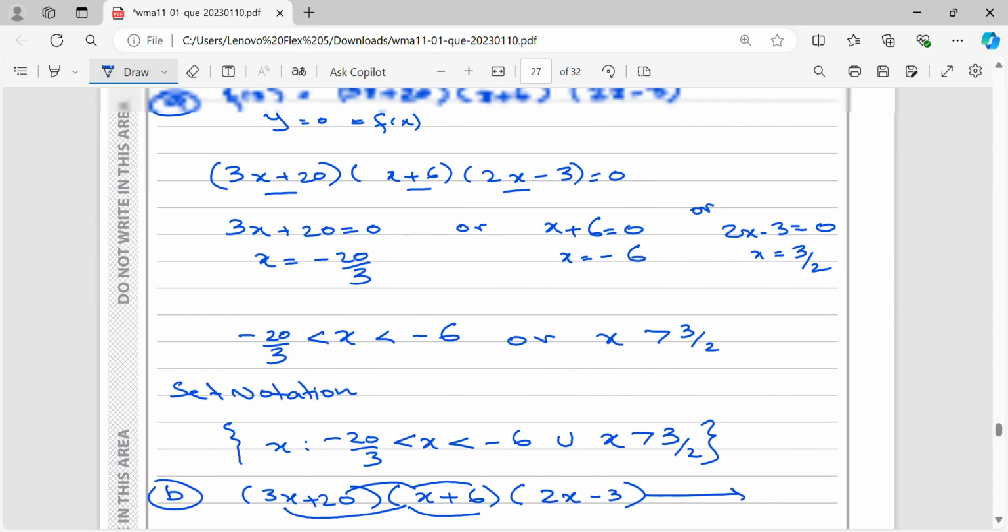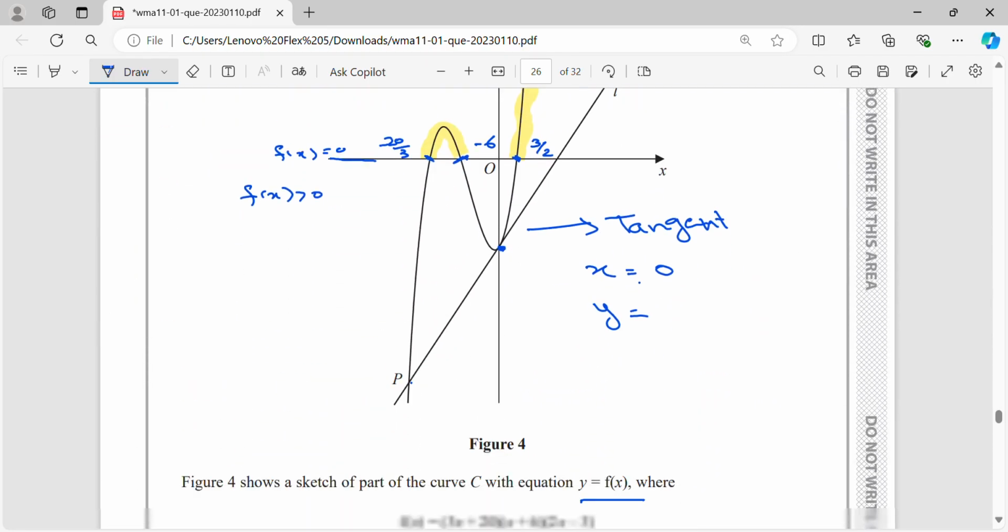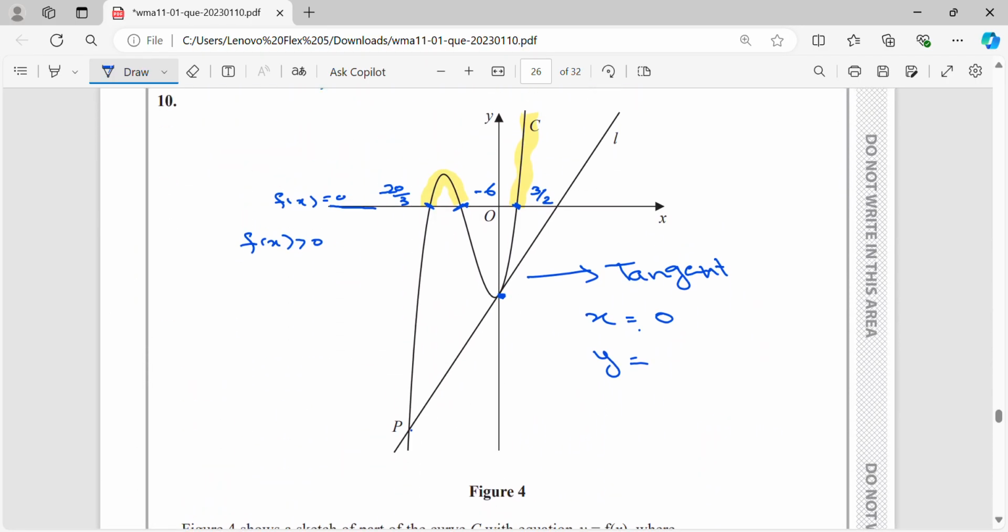So let's go back to the figure. It means that the coordinate at this point is 0 and minus 360. This is the coordinate where the curve touches the line.